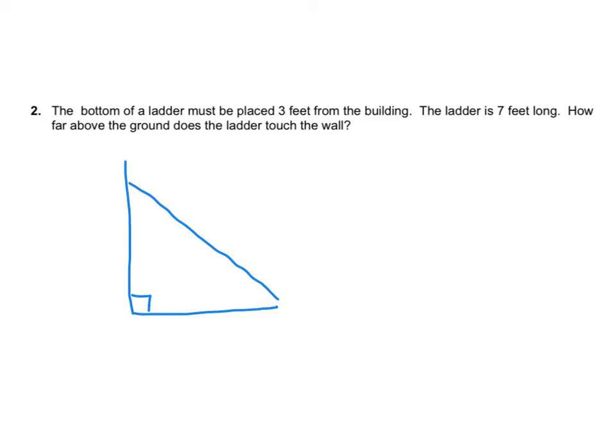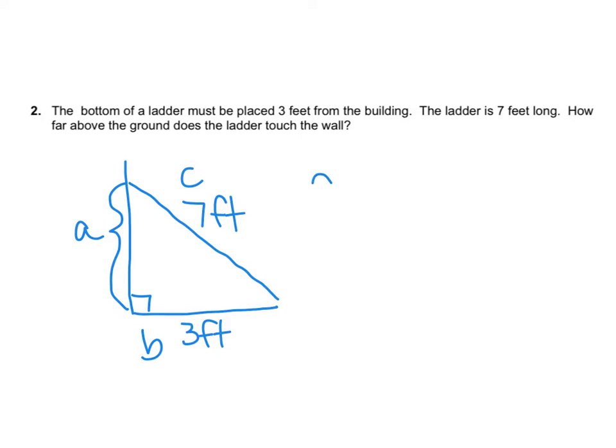So this would be our 3 feet, because that was the building over here, and then the ladder is 7 feet long. Remember, the ladder is the thing that is leaning up against this building or the wall. And so now we're looking for how far up it goes. So let's make this our A, this our B, and this our C, our hypotenuse.